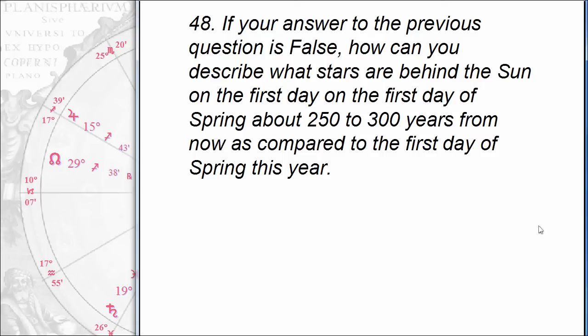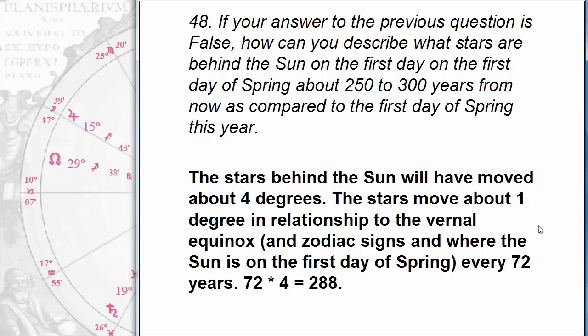The answer is you can. And what is it? The stars behind the sun will have moved about 4 degrees, because the stars behind the sun on the first day of spring move about 1 degree every 72 years. So 72 times 4 is 288. That was my number between 250 and 300. So it's roughly 4 degrees.